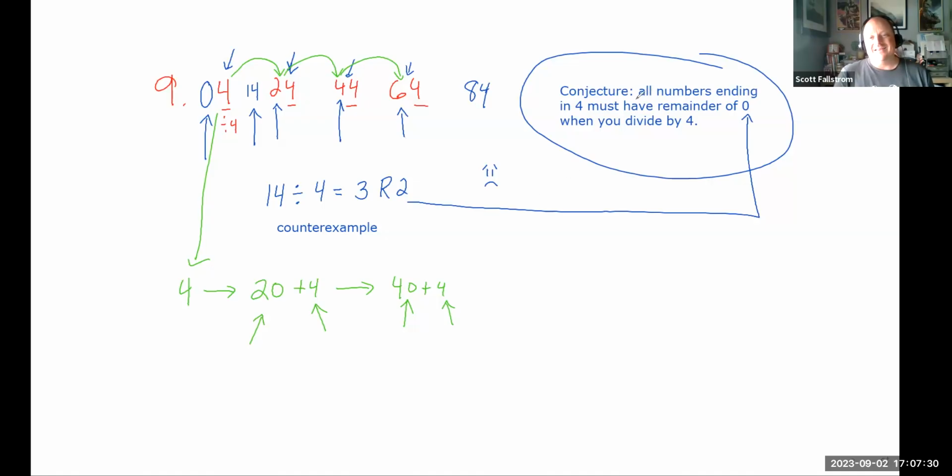It's just not all numbers ending in 4. So what I would do is I'd try to work with Joey to revise the conjecture, showing why every time you add 2 to the tens place, we really add 20 to my number, and 20 is evenly divisible by 4.